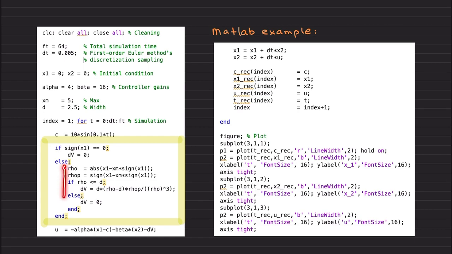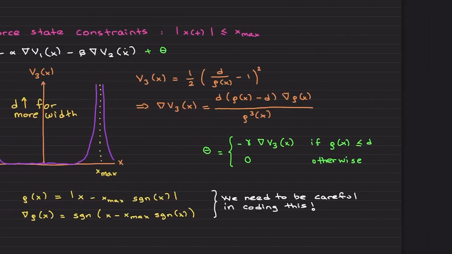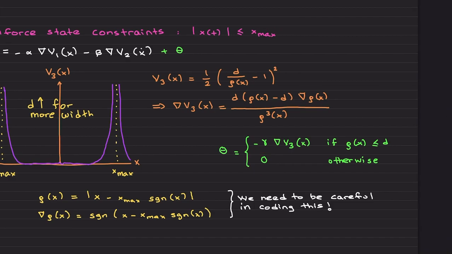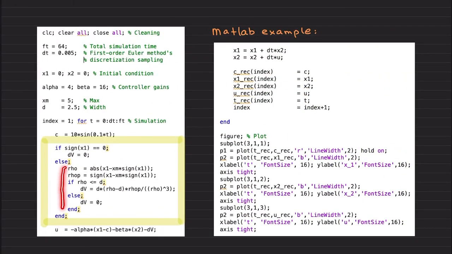Basically, this is nothing different than what I just showed you here. Theta is activated when this rho is less than d. So when you have a critical distance between your position state x and the state limit, this function is activated, otherwise 0.